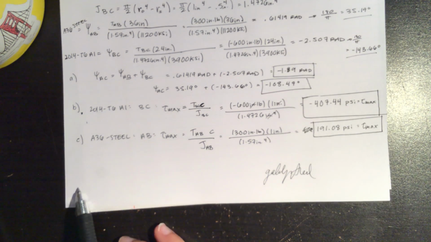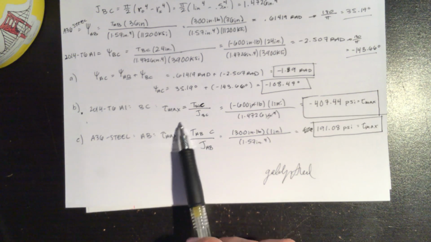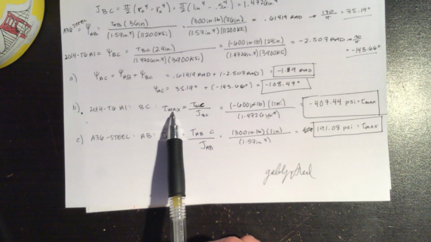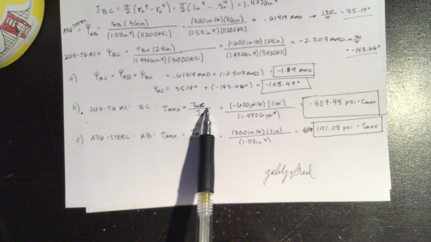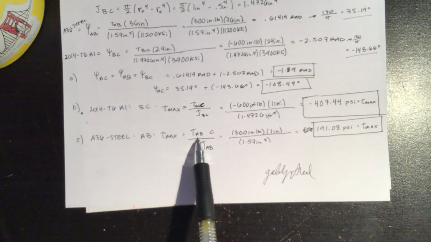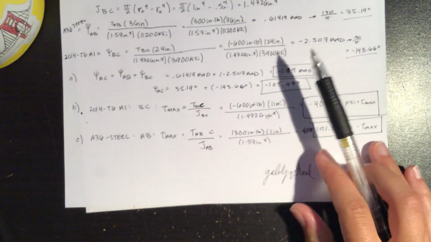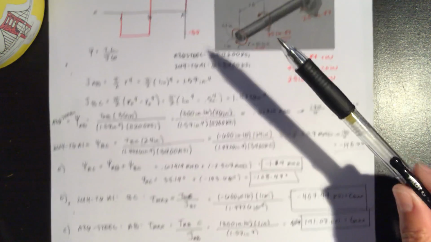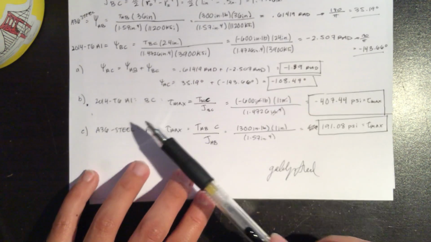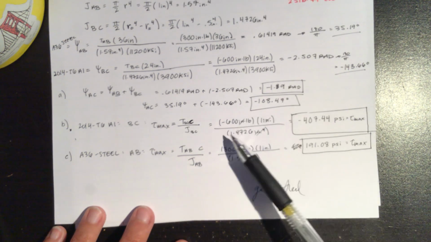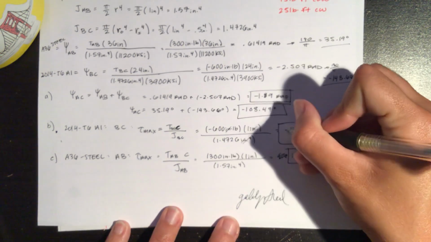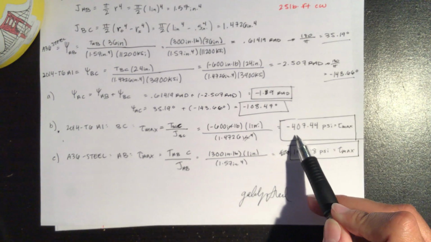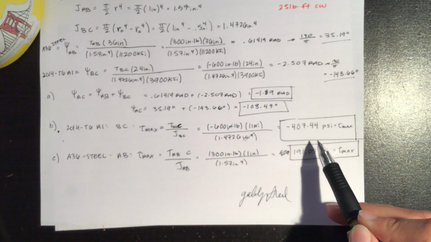For parts B and C, we used the same equation to solve for both, which was that the max shear stress is equal to torque multiplied by C over J. Since the section we're given for aluminum is BC, we used the torque for BC in here, and we got that the max shear stress for aluminum is negative 407.44 psi.